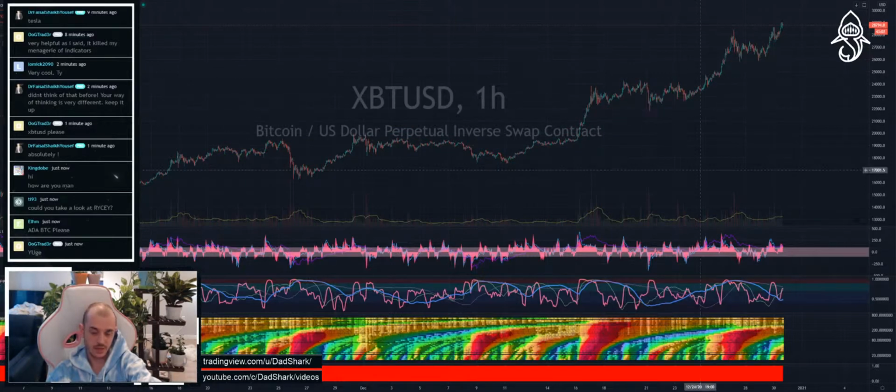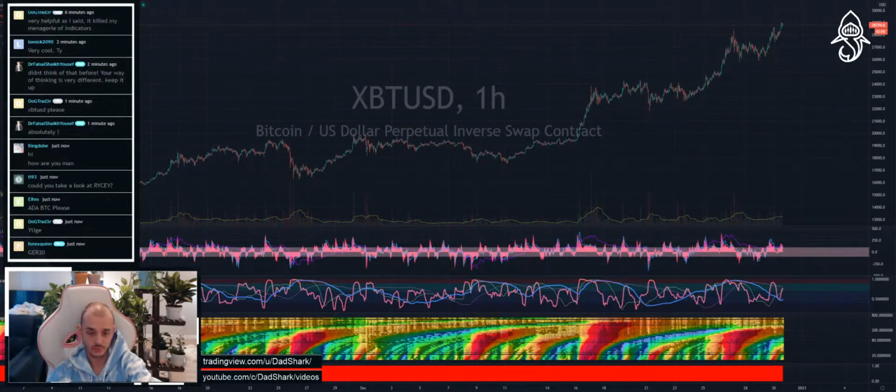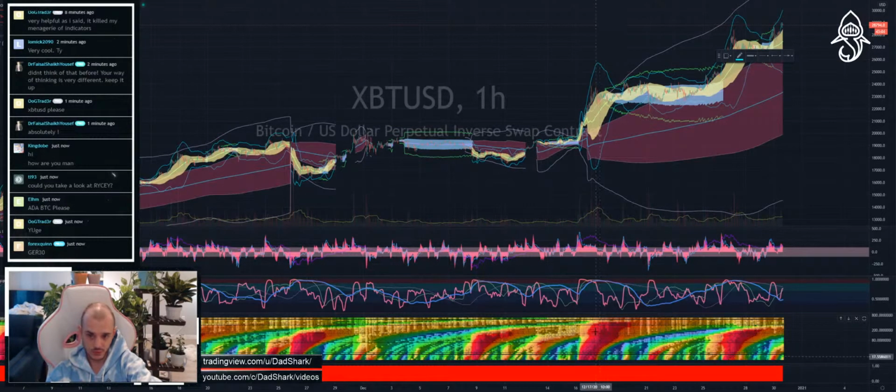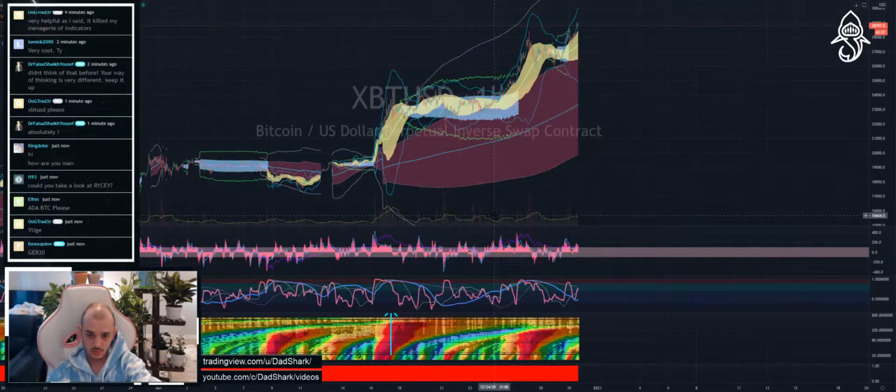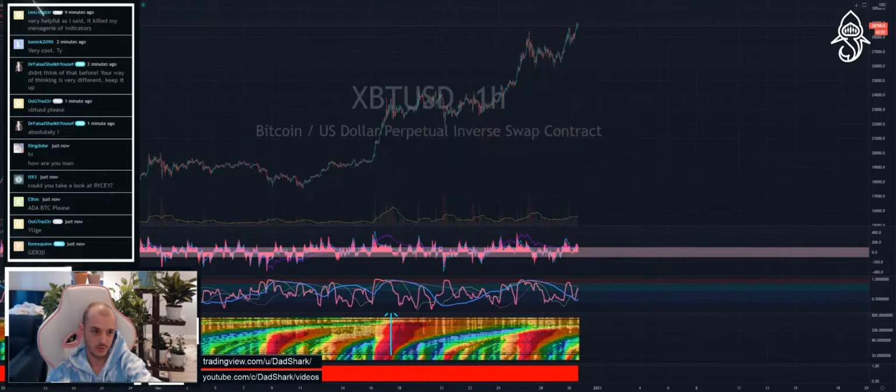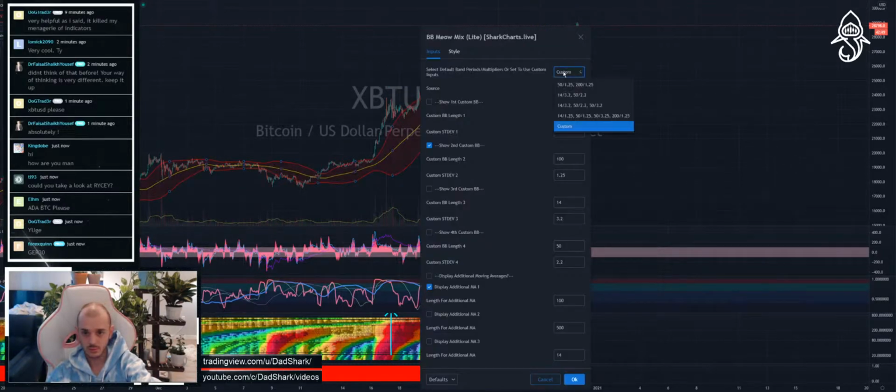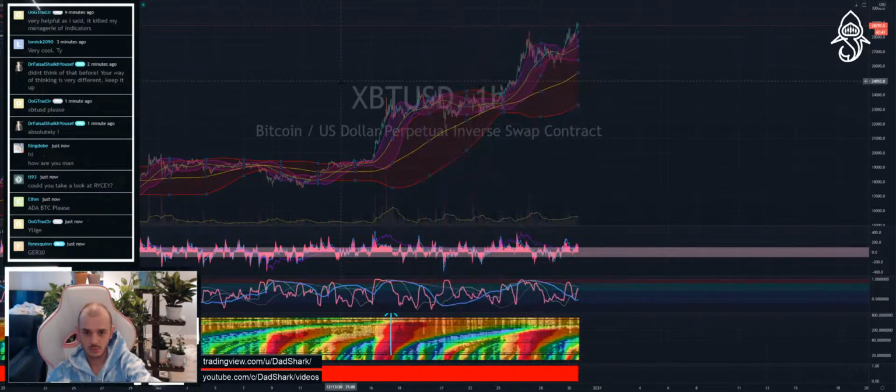So actually, these expansions are really clean, which is good. Because if this is just one red solid plume, it's going to give you very good information. So like here, currently we're at the 200 period, which means we can just default this.